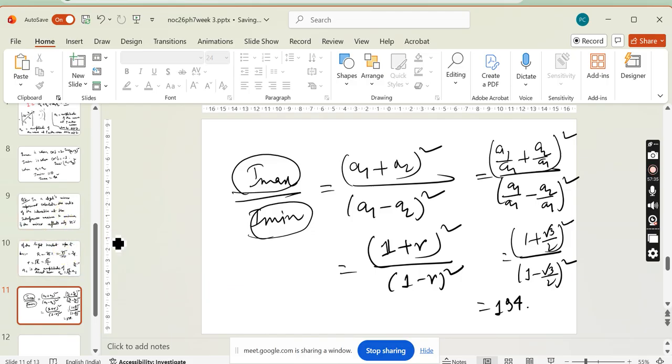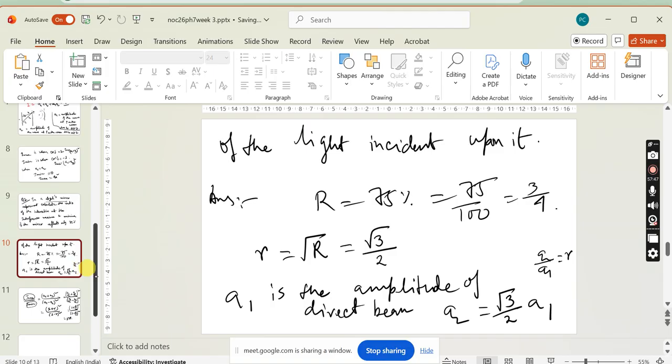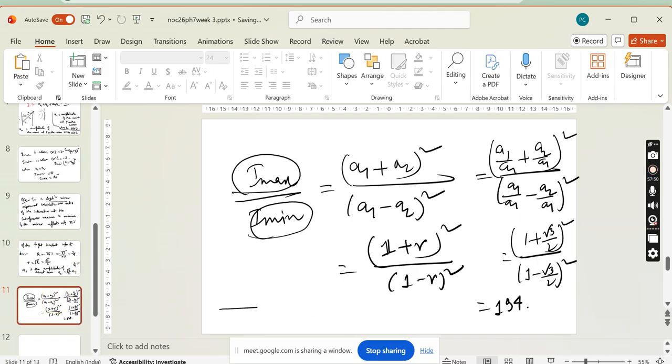Even though I min is not completely zero, we can see the stark difference between the maximum bright spot and the minimum spot. And I'm sorry that I said that you don't need to know the Lloyd experiment method. You should have an idea that in Lloyd's experiment, the interference is between the actual beam and the reflected beam.